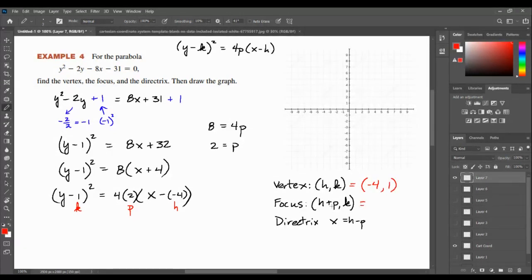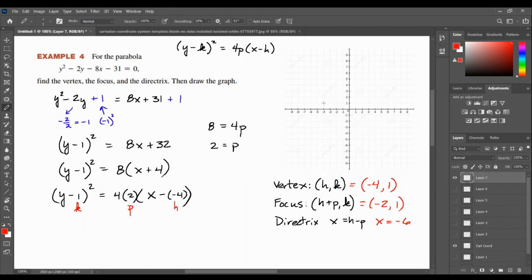And now the focus, I need to add p to h. p is 2. If I add that to negative 4, I get negative 2. I keep k. The directrix is x equals h minus p. h is negative 4, minus 2 is negative 6. And so now I can graph those.